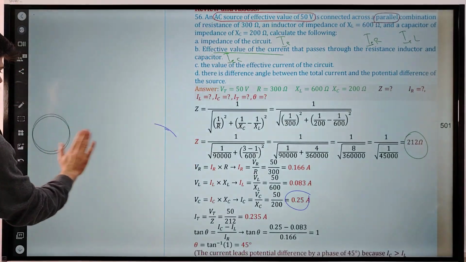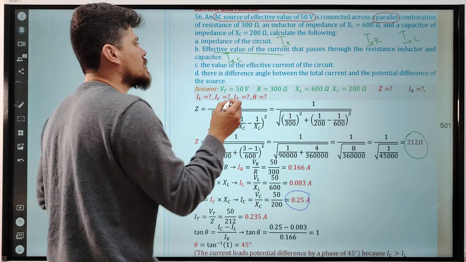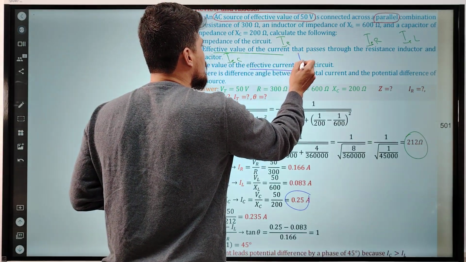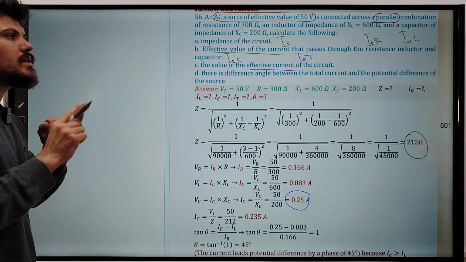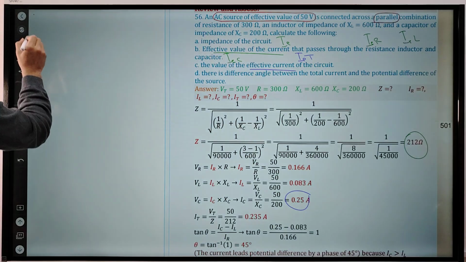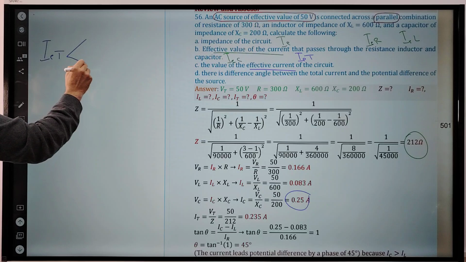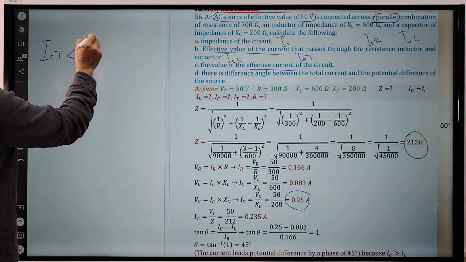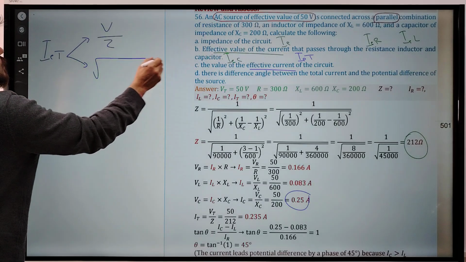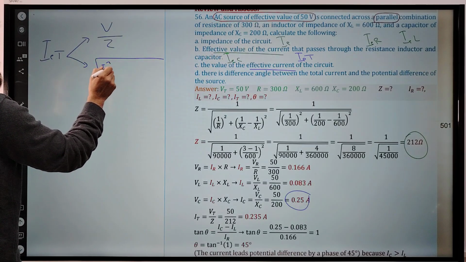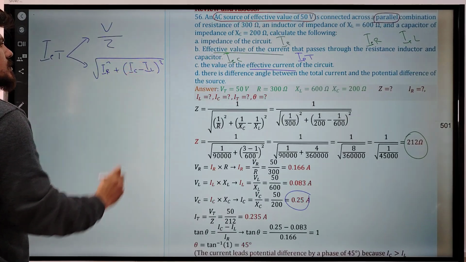Branch C, what is unknown in branch C? The value of the effective current of the circuit, which means IE total. You can find it by using two equations. How can you find IE total in parallel connection? In two ways. The first way, IE total is equal to V over Z. The second way, IE total is equal to the square root of IR squared plus (IC minus IL) squared.